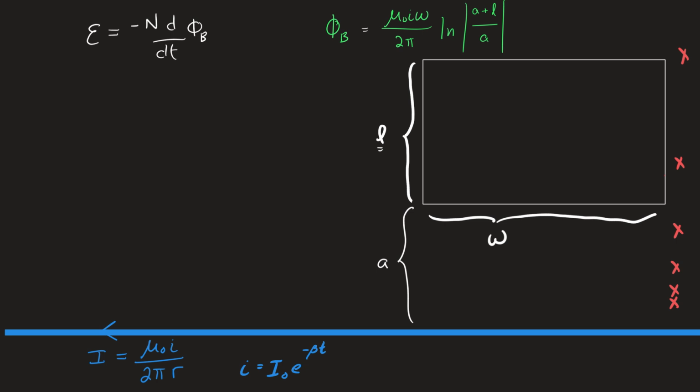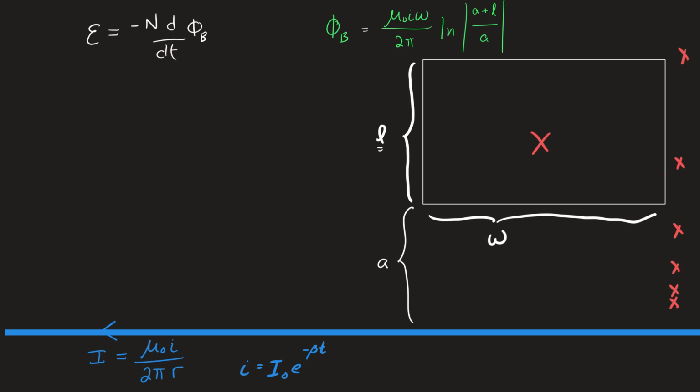Now, the negative sign is a holdover from Lenz's law. And although the negative sign is real and does give us a negative or a positive answer depending on what happens with our derivative, it's important to note that Lenz's law can be figured out using a different method. The method I want you to consider is we currently have a magnetic field that universally is into the page here, or into the screen.